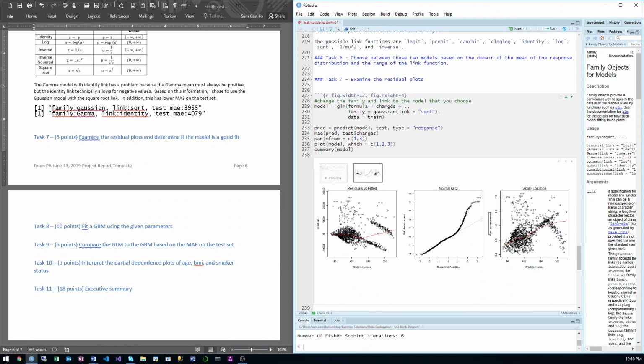If this was a perfect model, these residuals versus fitted would be scattered all around 0, which is not true. You can see that there are these weird patterns. When you look at the normal QQ plot, if this was a perfect model, these would all be in a straight line. It looks like that's almost the case for lower values, but once you get up to higher values, there's a significant deviation. And the scale location plot, if this was a perfect model, would also be scattered around 0. However, you can see that there's a very clear trend.